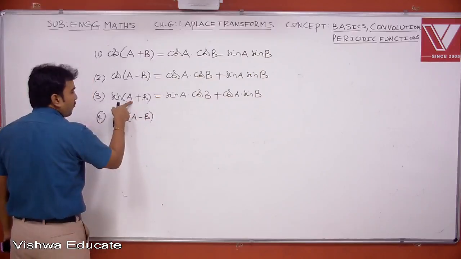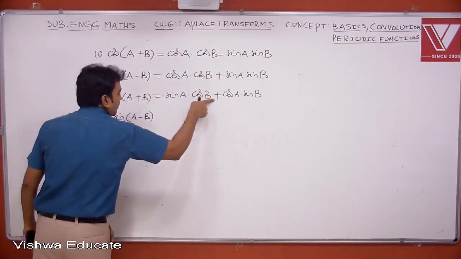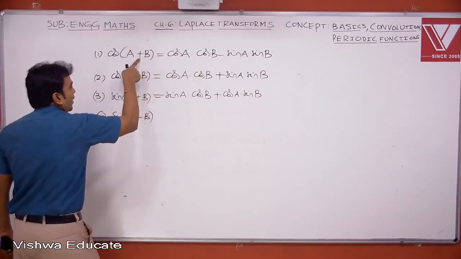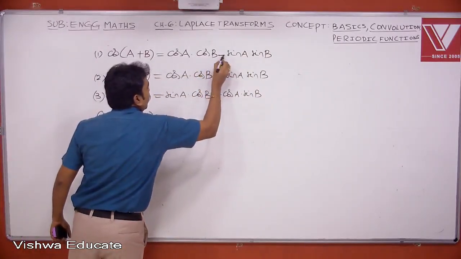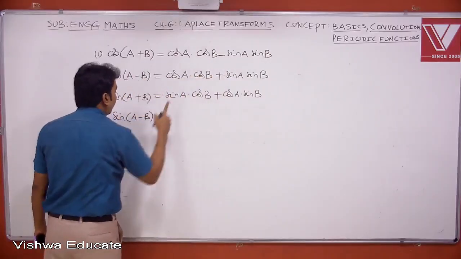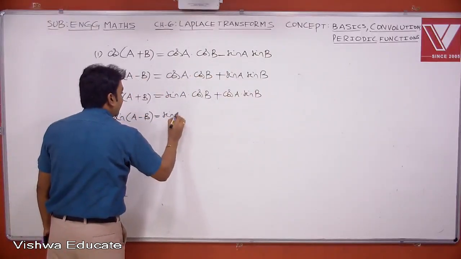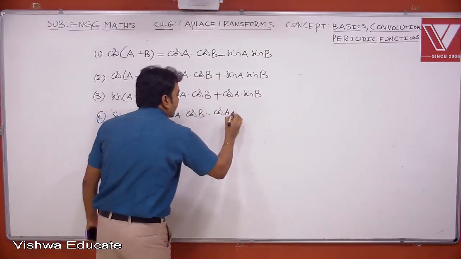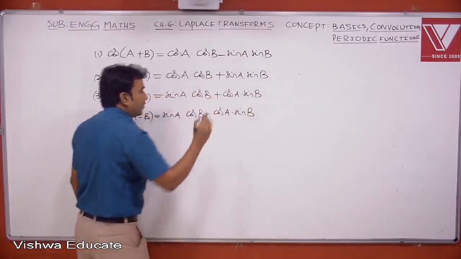In case of the sin formula, if it is plus, you get plus; if it is minus, you get minus. Whereas in case of cos, it is reverse. If it is plus, we get minus sign; if it is minus, we get plus sign. So sin of a minus b equal to sin a into cos b minus cos a into sin b.